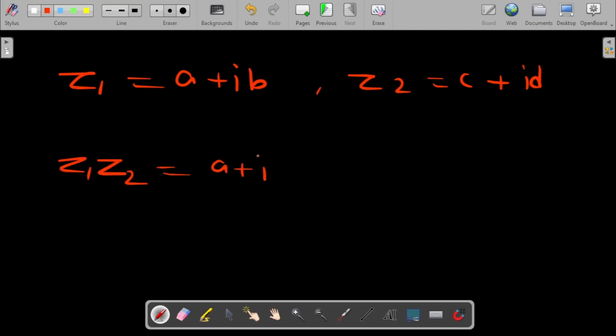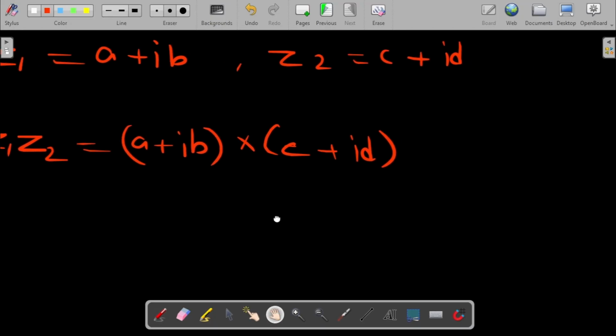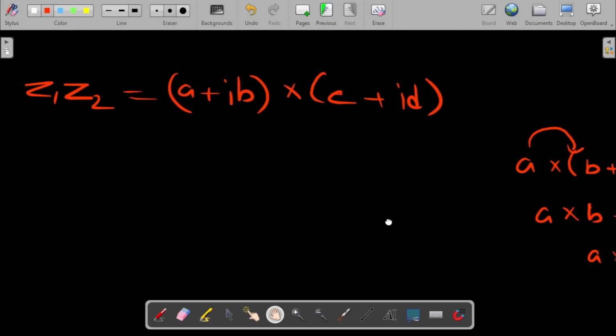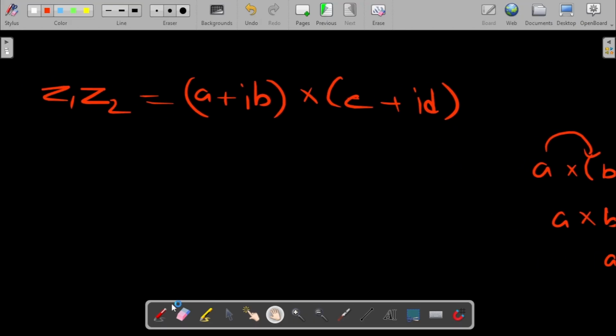A plus iB multiplied with C plus iD. Well, you know the distributive property. The distributive property is: A multiplied with (B plus C) equals A multiplied with B, plus A multiplied with C. Here also we use the distributive property.